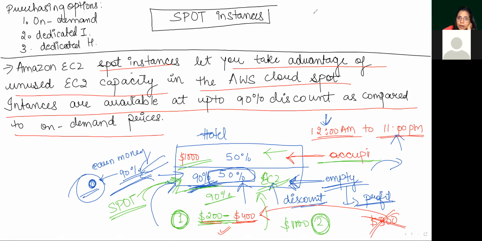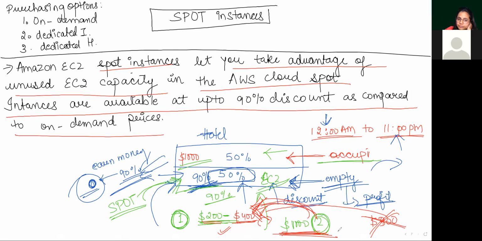But if a person comes with more value, like this customer, $1,000 they are giving, they will say, okay, you have to empty it now, because I have a customer with value more than $400. Then this EC2 instance, or you can consider a room right now, will be given to this customer at the actual price.